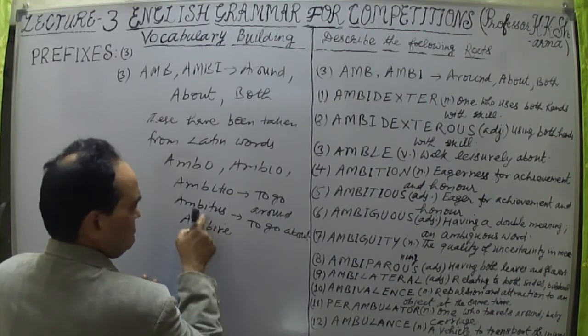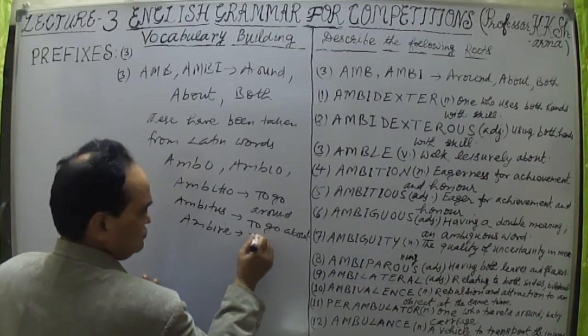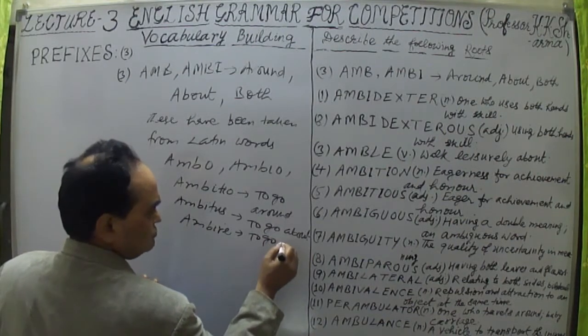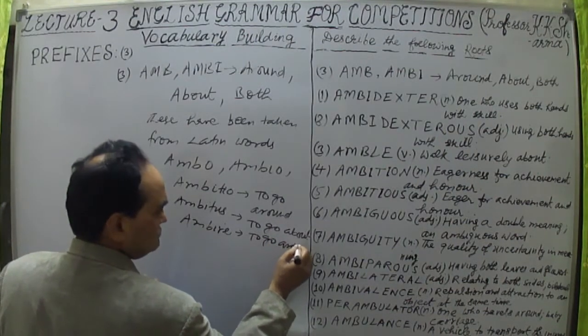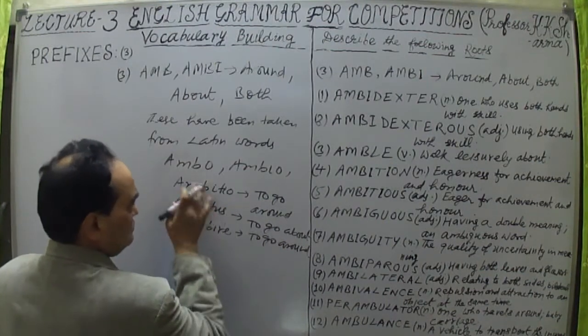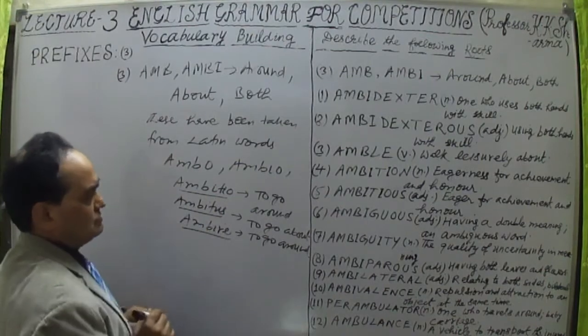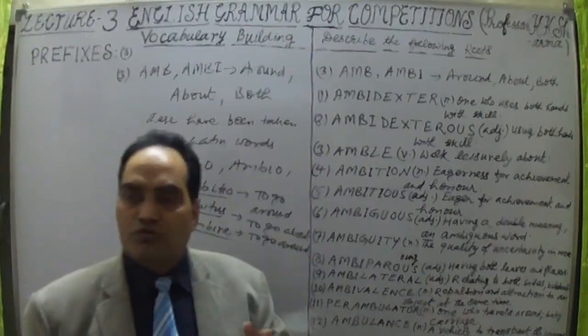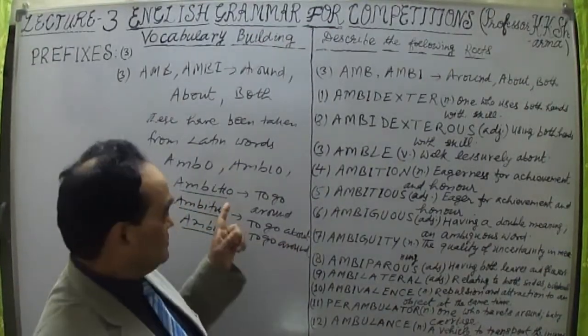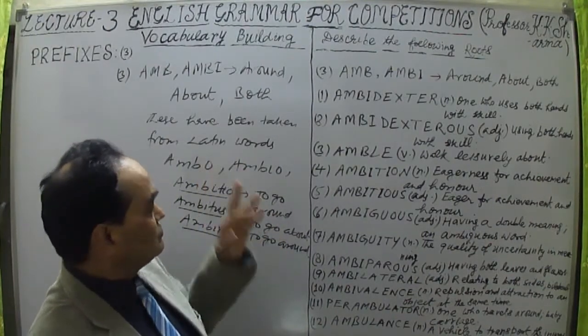Ambitus and ambire, both mean to go about, to go around. These three words are also from Latin roots. So sometimes this meaning is also taken as about, to go about, to go around.